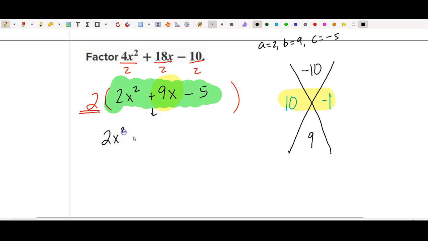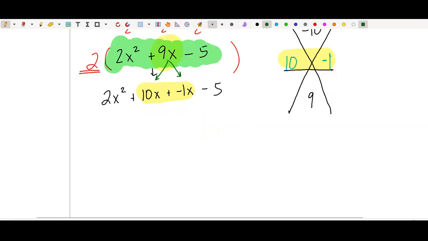So 2x squared plus 10x plus negative 1x, and then minus 5. So we take that middle, we plug in, basically what we call splitting the middle. 9x becomes 10x plus negative 1x. This creates 4 terms, and then we can factor by grouping.